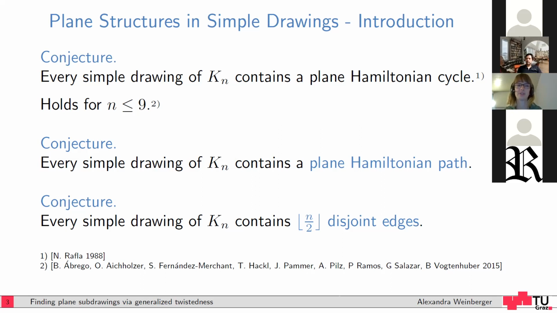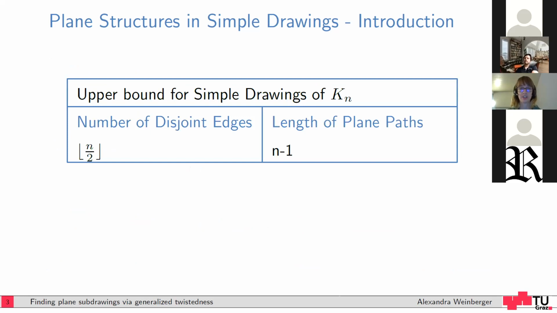While these two conjectures are weaker than the original one of the cycle, these two things are still open. We will look at what we know about the number of disjoint edges and what we know about the length of the longest plane path. We know an upper bound, of course, which is that we have a perfect matching and a Hamiltonian path.